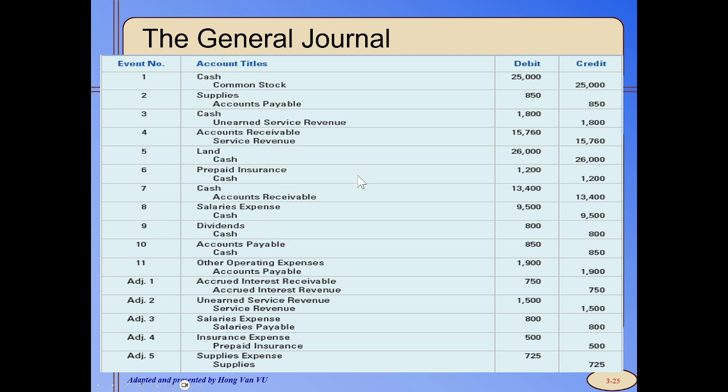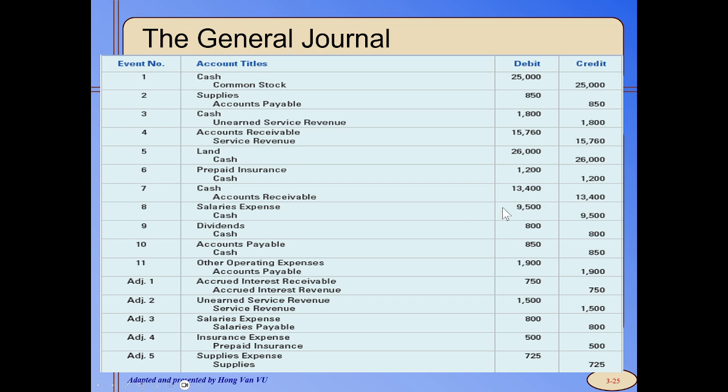The sixth transaction, the company bought insurance for one year, which started from August, and paid in cash. The seventh transaction, the company receives cash from the customer for the account receivable in the previous transaction.